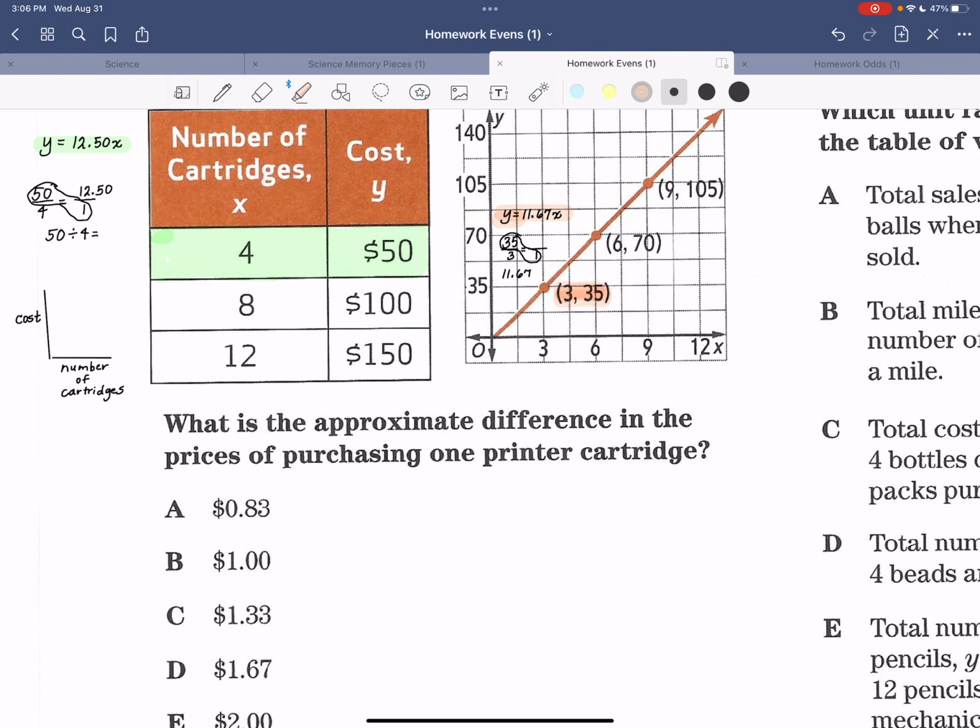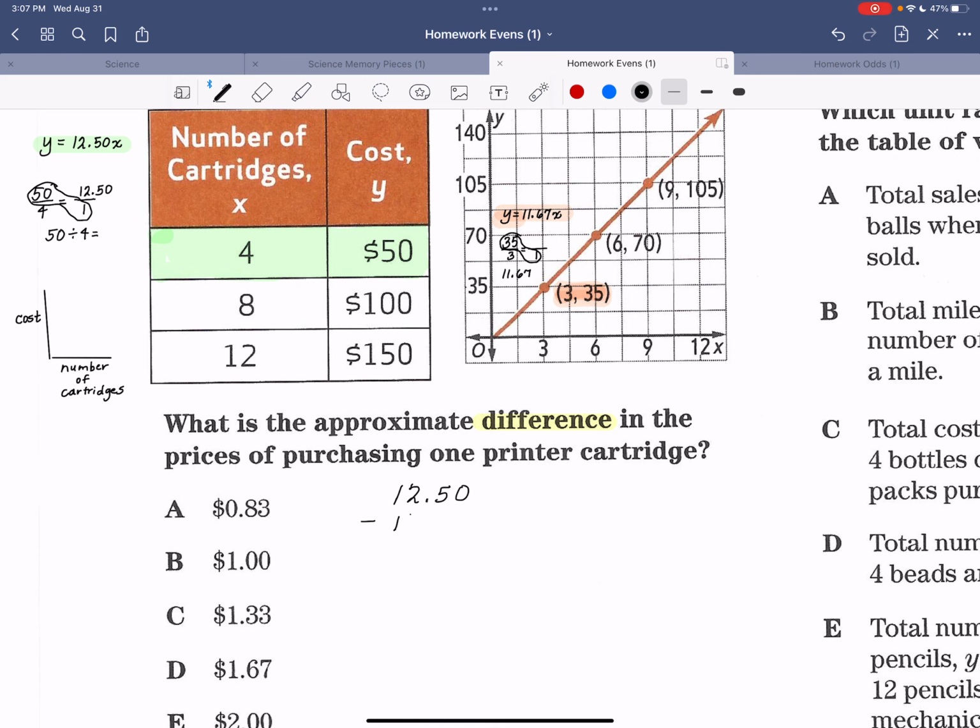What is the approximate, so they realized that I had to round, the approximate difference, that means subtract, in the prices of purchasing one printer cartridge? I don't have to do much here. I know at store A, it's $12.50 for one.